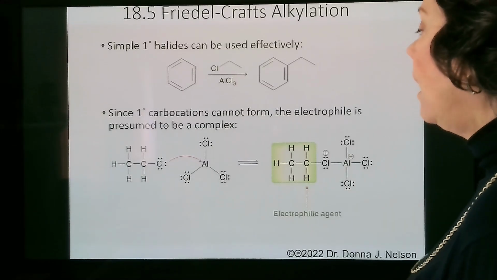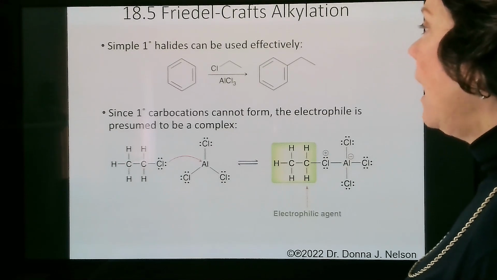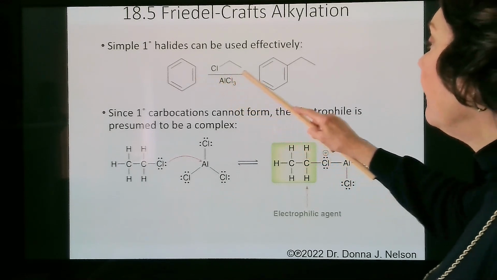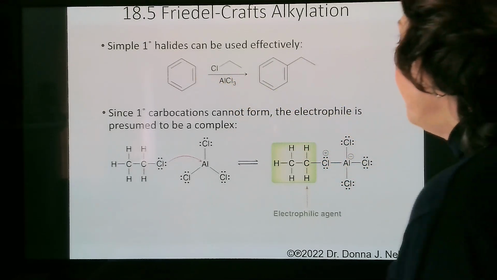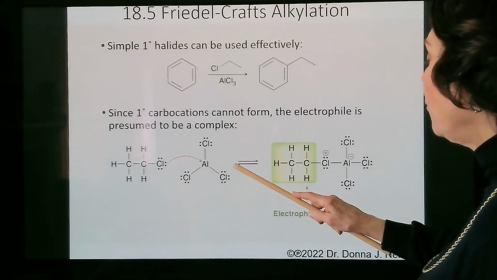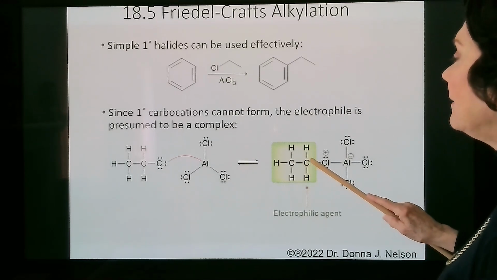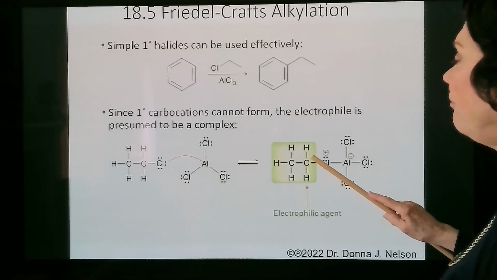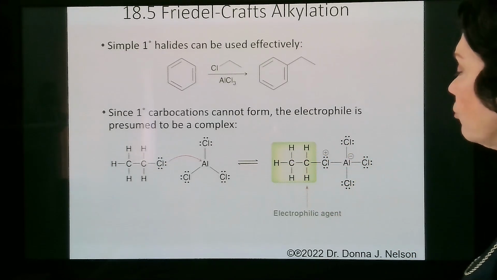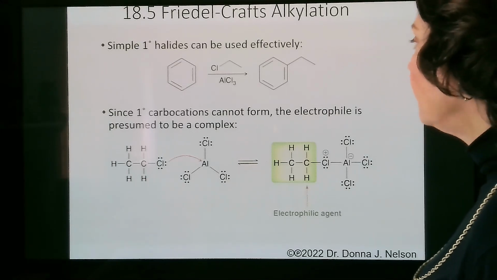So simple primary halides can be used effectively, but the primary carbocation is not going to be stable, and so here it's assumed that the electrophile is this complex, and so this is the electrophile, not merely the carbocation in that case.